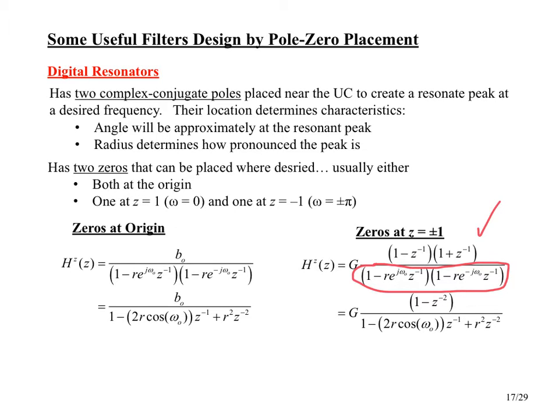And if you multiply top and bottom by z squared, you'll see that the zeros are where we would expect. A little easier to see it that way. So in both cases, if we multiply the denominator factors together, we get the second order polynomial in z inverse in the bottom that tells us what the difference equation would look like.